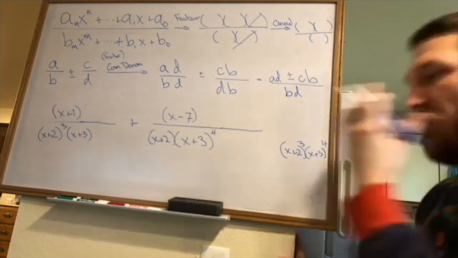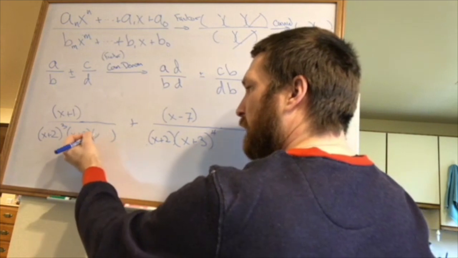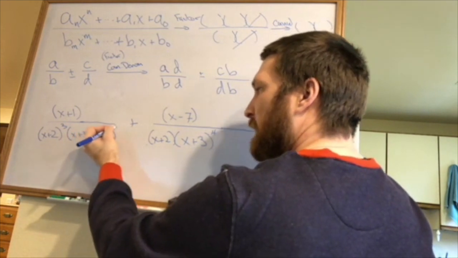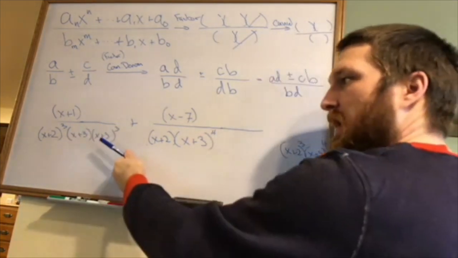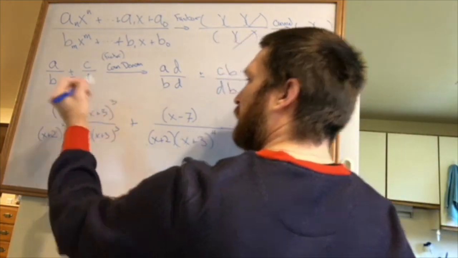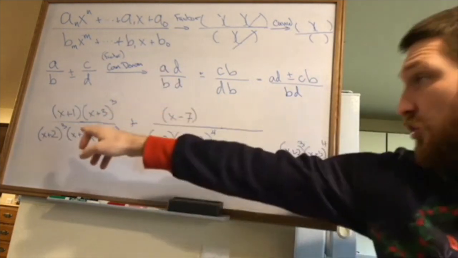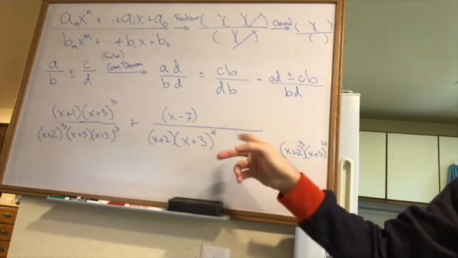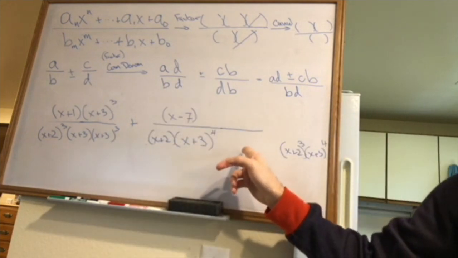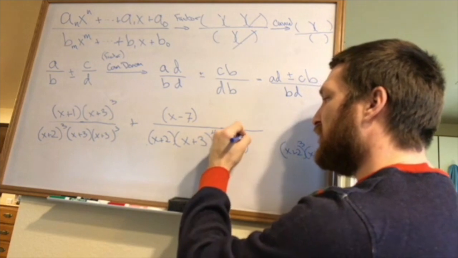3 of them. So if I multiply the top and the bottom by the amount that I need right there, x plus 3 to the third. Over here, I'm deficient in x plus 2s. How many more x plus 2s do I need over here? 2 of them. So I'm going to say, okay, x plus 2, I just need 2 of them.